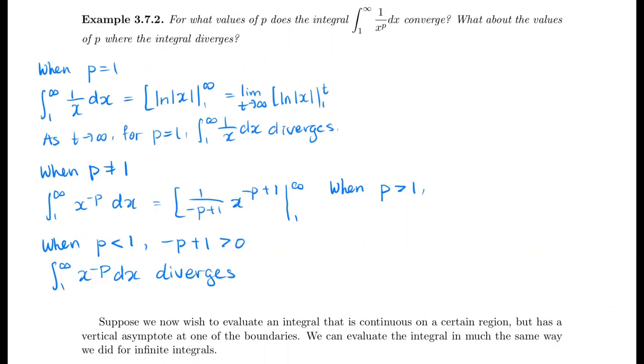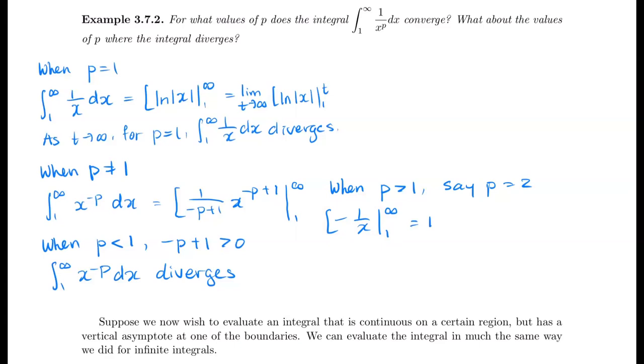As t approaches infinity, it's actually going to go to 0. So we would have the limit, negative 1 divided by x, from 1 to infinity. As it approaches infinity, it's going to go to 0, and we would just have the limit here. So that's equal to just 1.